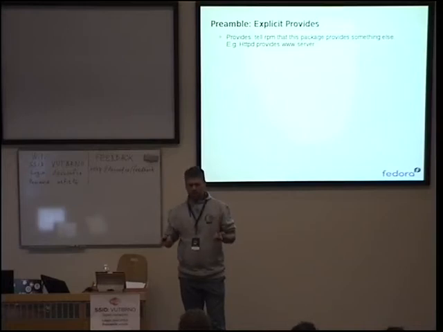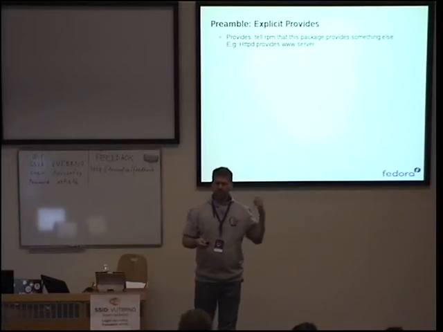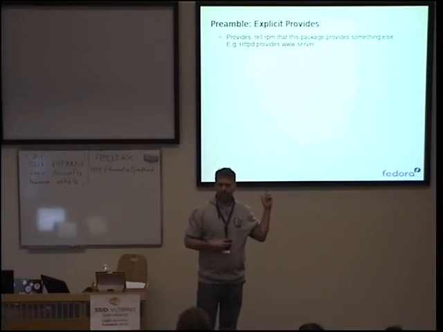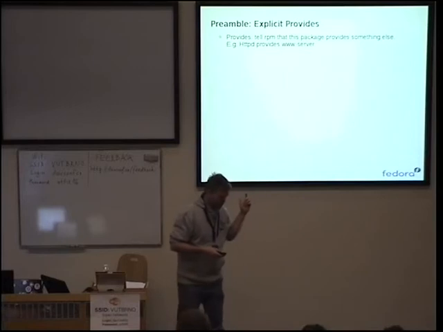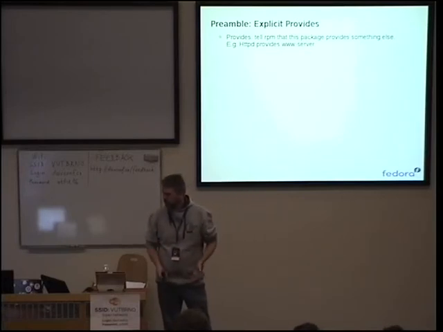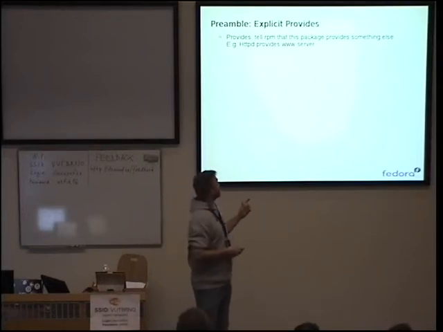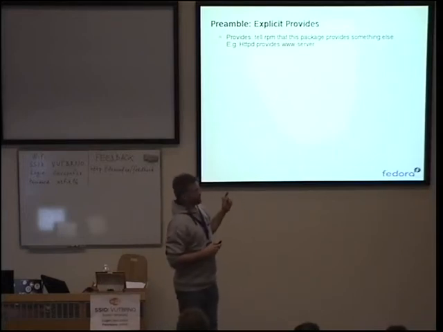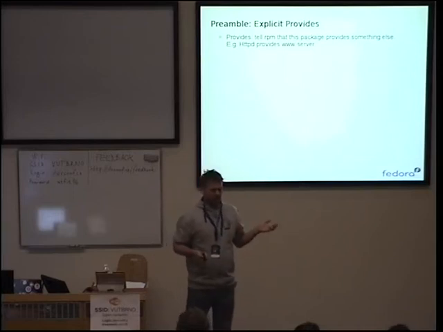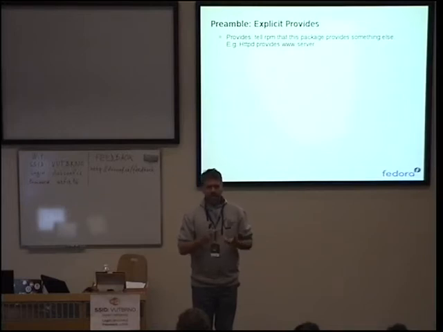You are providing the SO libraries you have in the package, but you can use so-called virtual provides. For example, you can say that my package needs some web server. And it can be Apache, Nginx, Lighttpd, it doesn't matter.